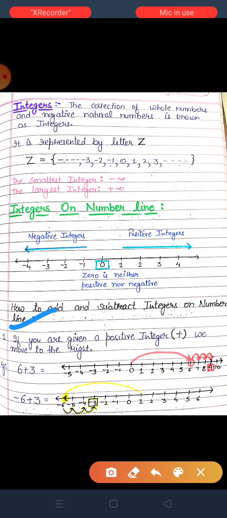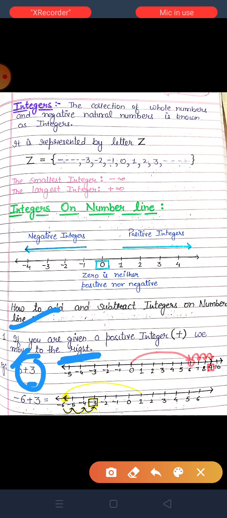So the first case is, if you are given a positive integer: after the first integer you are given 6, and just after 6 you are given plus 3, that is a positive integer. So what will you do? You will go to the right side.